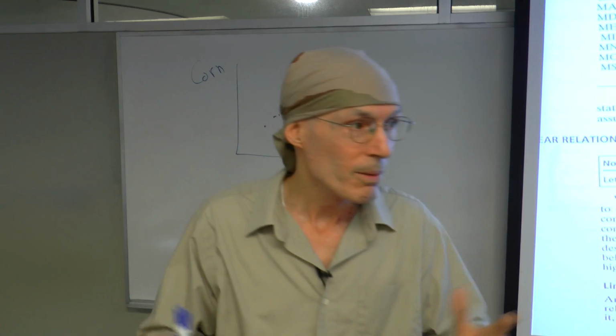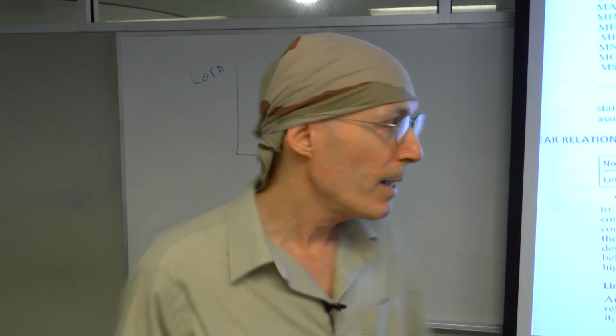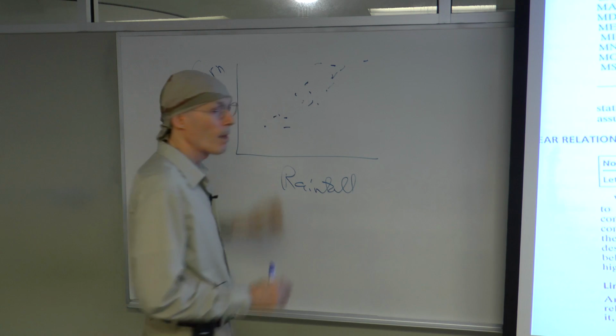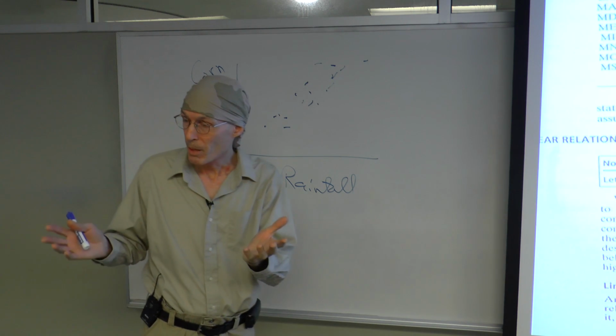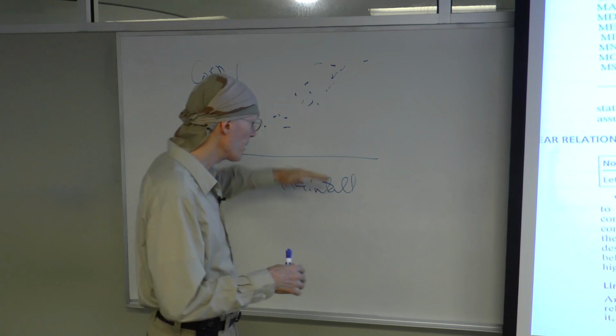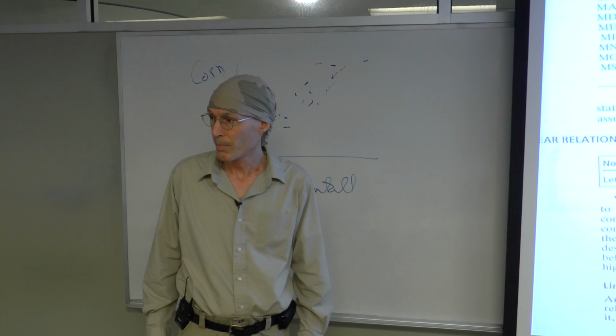It's a cloud. It's a bunch of dots. And we're going to actually see that those dots are in something called hyperspace. And what these dots are is a realistic example of a graphic portrayal of the relationship between rainfall and corn.